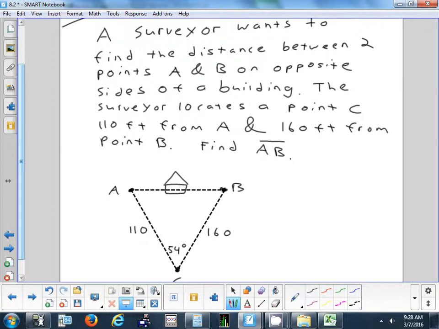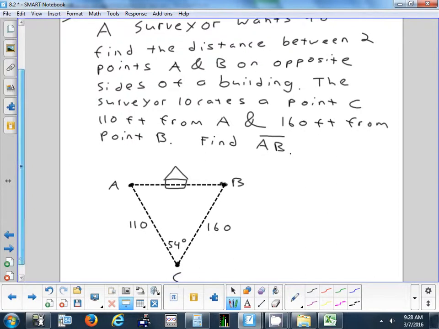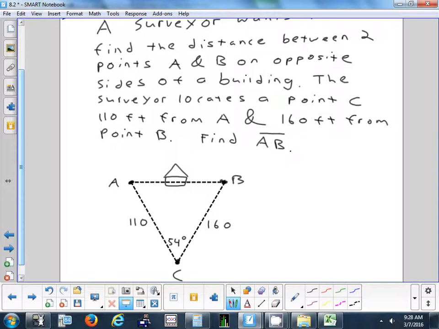Now, one thing they give us in the diagram that they don't in the word problem is that angle. Angle ACB is 54 degrees. Okay, find the distance between points A and B. Now, if we want, we can just set up the equation, and if people are comfortable solving it from there, we can skip solving it. So we'll see.